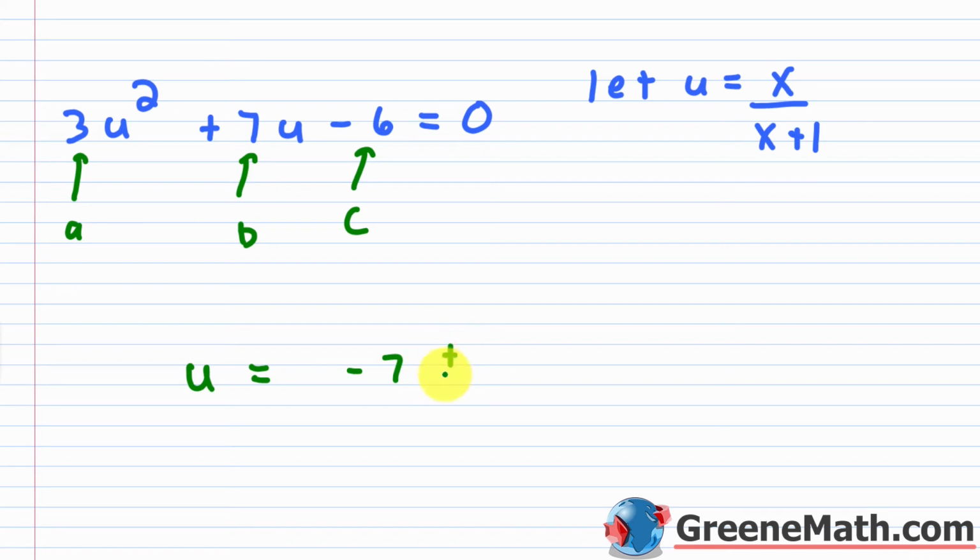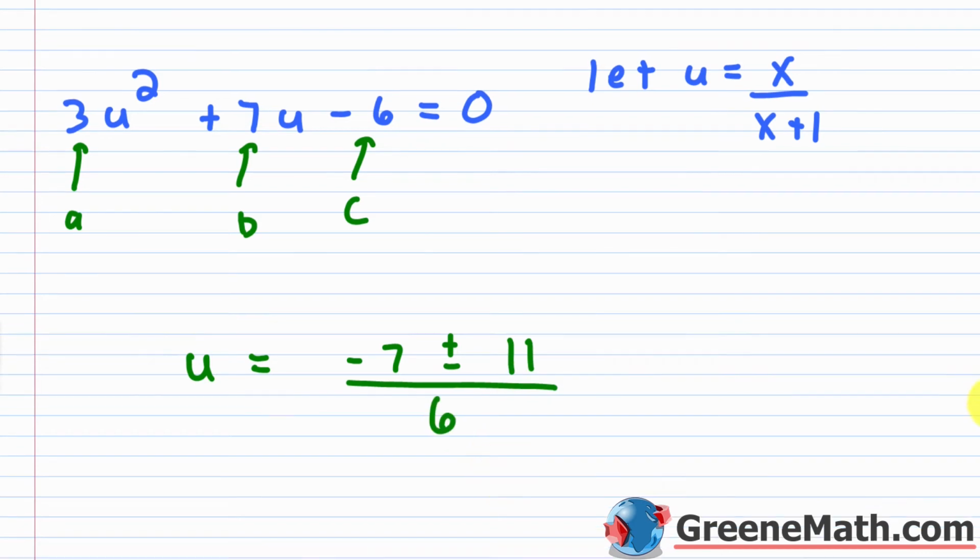Negative 7 plus or minus the square root of B squared, 7 squared is 49, then minus 4 times A, which is 3, so 4 times 3 is 12, times C, in this case negative 6. So that would give me negative 72. So basically you'd have minus a negative 72, which is plus 72. 49 plus 72 is 121. If I took the square root of 121, I would get 11, okay? So this is 11 here, and this is over 2 times A, which is 3, so 2 times 3 is 6.